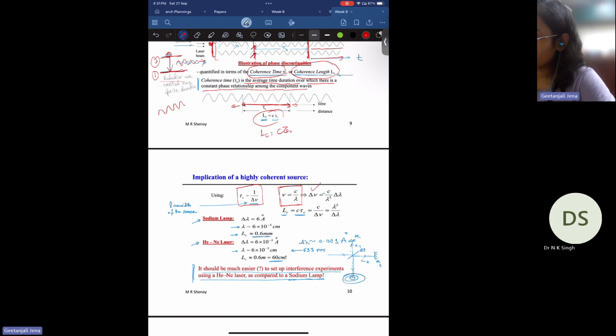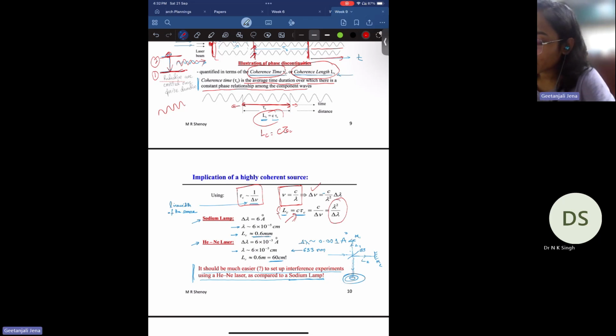When you take a derivative, taking the mod because we are calculating the time, delta nu will be C by lambda square delta lambda. For coherence length, we multiply the velocity C with the coherence time. So we can write LC in terms of lambda as lambda square divided by delta lambda.